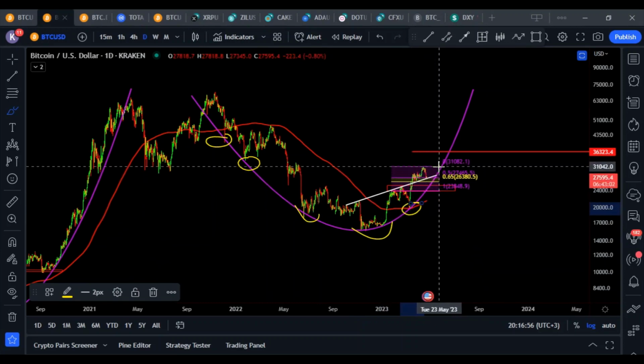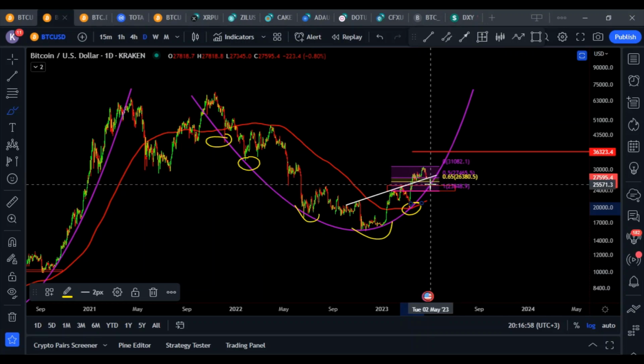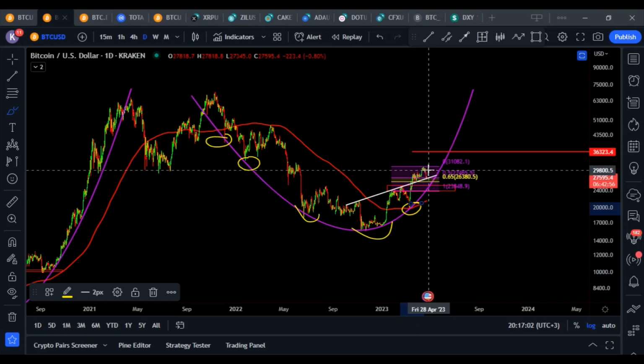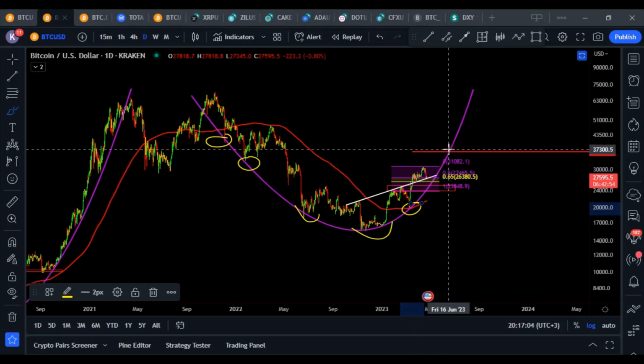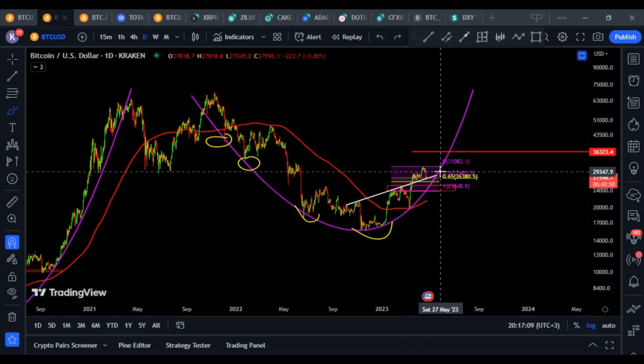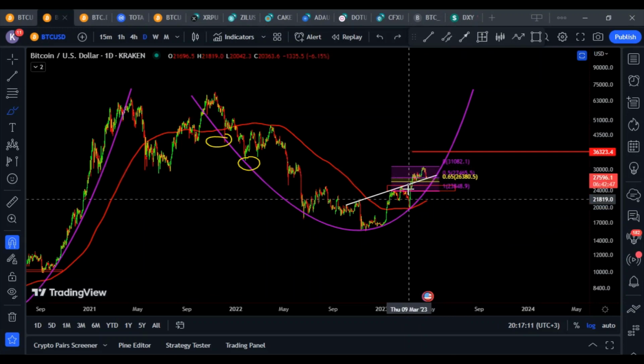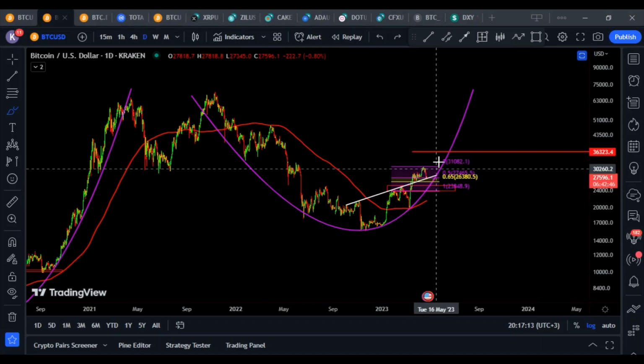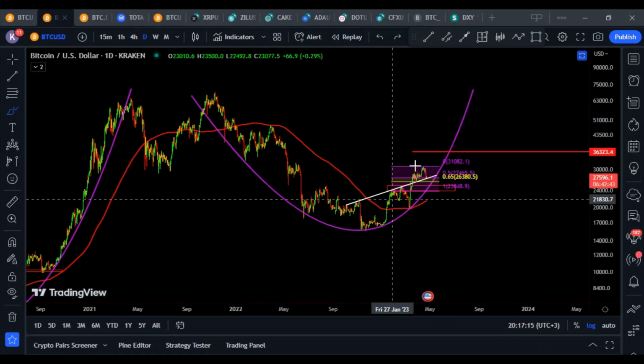So I'm expecting us, even if we went low, to retest this here, and as we progress forward, this curve will go with us and get higher values as the days pass by. But why is this purple curve so important?